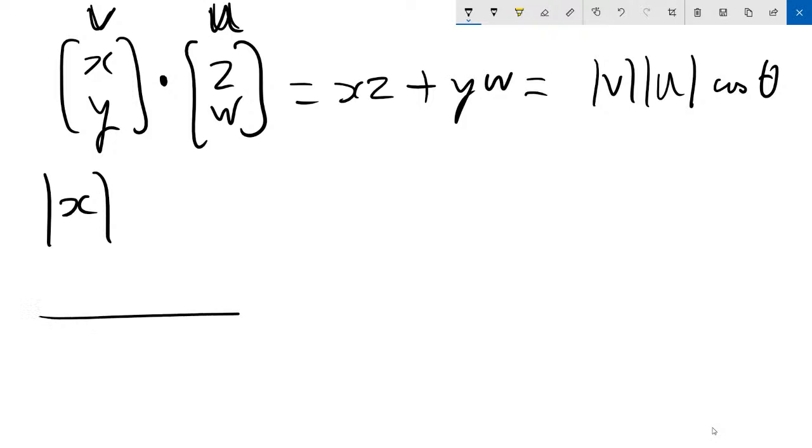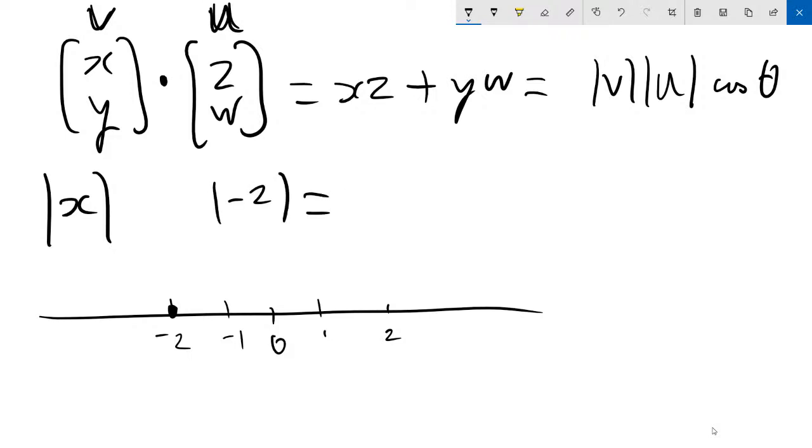So if on a one-dimensional line we had 0 and 1, 2, and then -1, -2, if we had some number -2 and we plugged it into this formula, this is a vector like that. What this means is the magnitude of this vector -2. So the magnitude is 2. The length of this vector reaching to -2 is 2, and that's why this is 2.